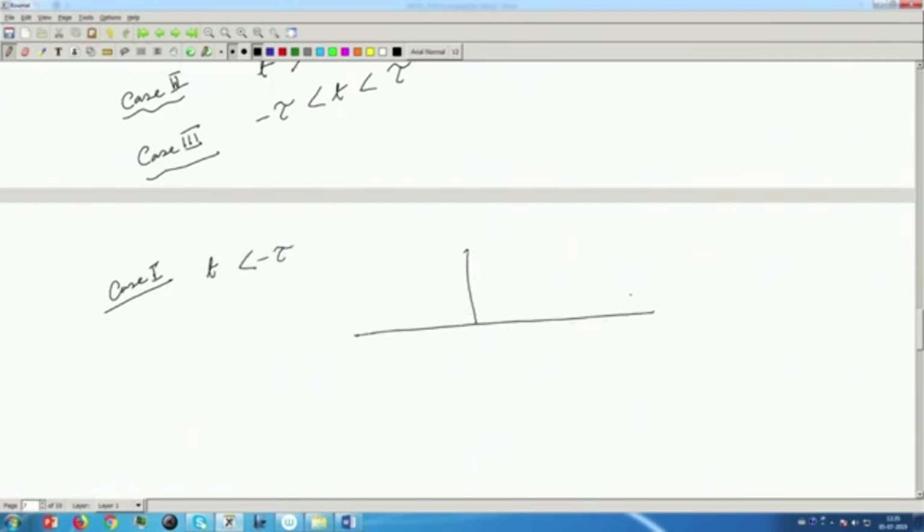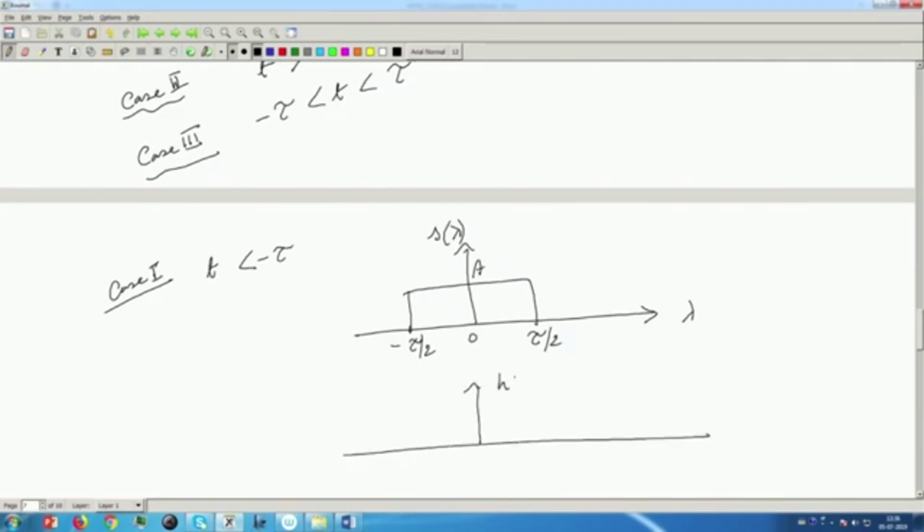So, that means I have s(lambda), this is my lambda, minus tau by 2, tau by 2, 0, A, and what is my h(t minus lambda) versus lambda.